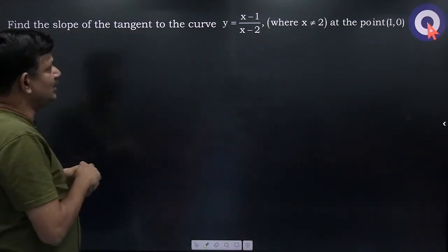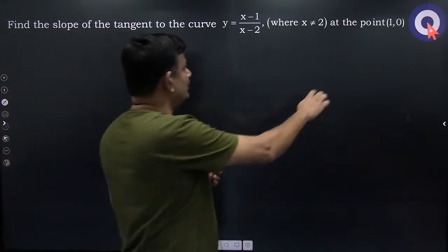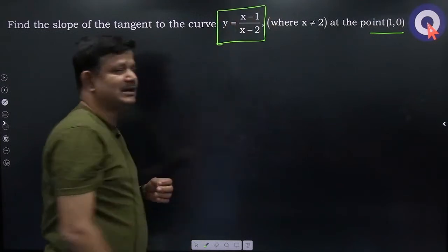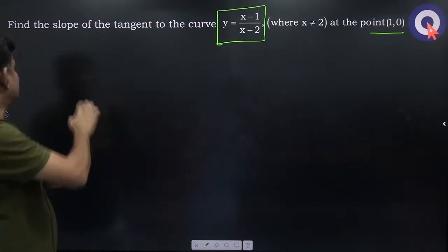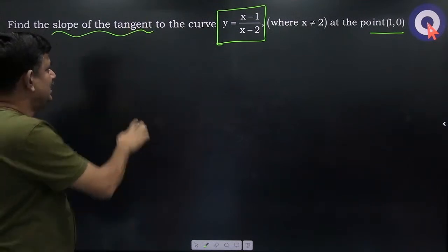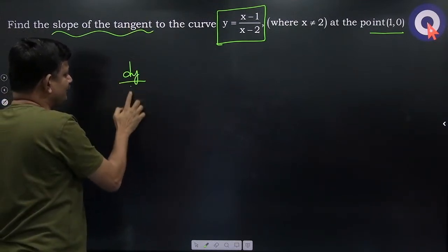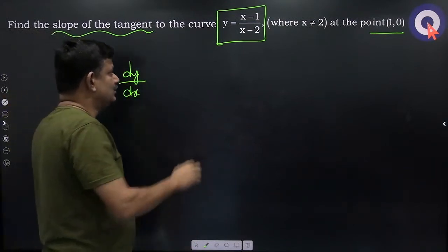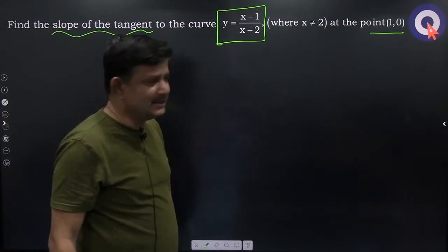Let's look at a question on this. At the point 1 comma 0, for the curve y is equal to minus 1 by x, he is asking you to find the slope of the tangent. You need to find dy by dx. You can apply the u by v rule here.